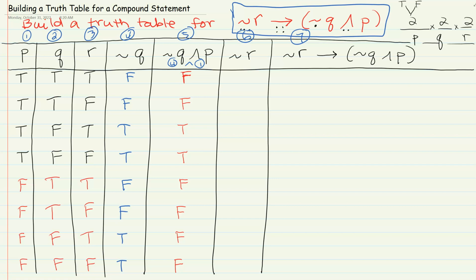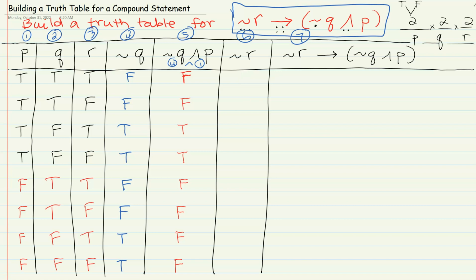And then the next one, I will go ahead and use green, not R. Not R means the opposite truth value of R. Didn't I say I'm going to use green? A little bit colorblind here. Hold on one second.